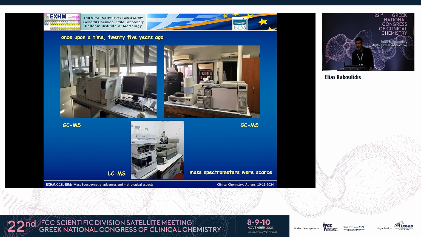So, 25 years ago, when I joined the State Chemical Laboratories, mass spectrometers were not easy to find around. There were only 3 spectrometers. You can see them. They are still working.